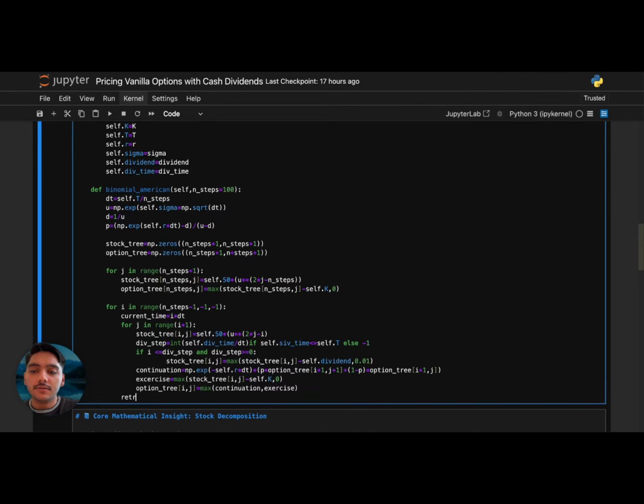And we will return option_tree[0, 0]. Now let me just show you.